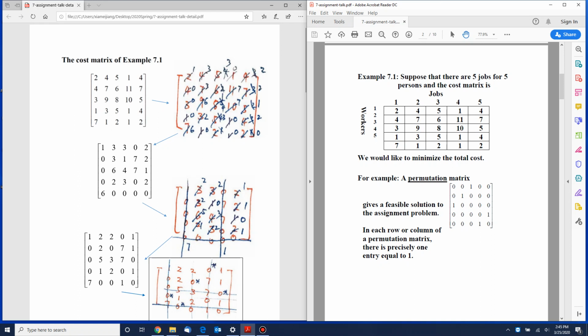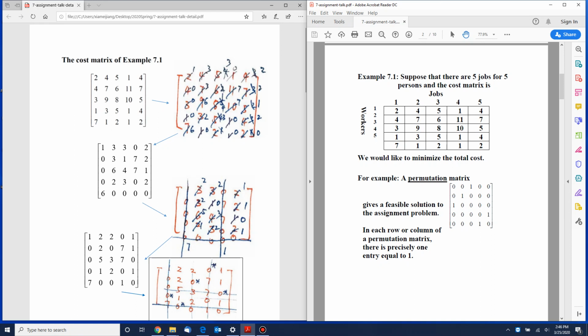In the assignment problem, we normally use a permutation matrix to give a feasible solution. For this one, from the permutation matrix you could see that the first person takes job 3, the second person takes job 2, the third person takes job 1, the fourth person takes job 5, and the fifth person takes job 4.